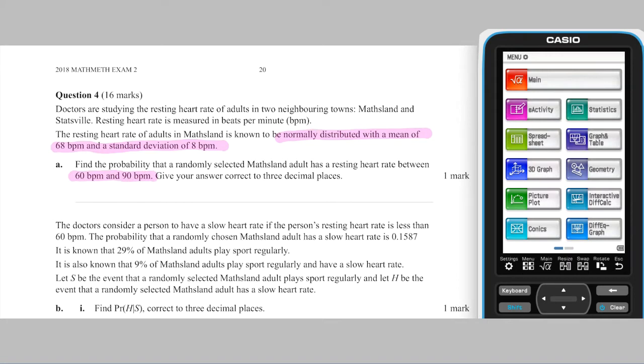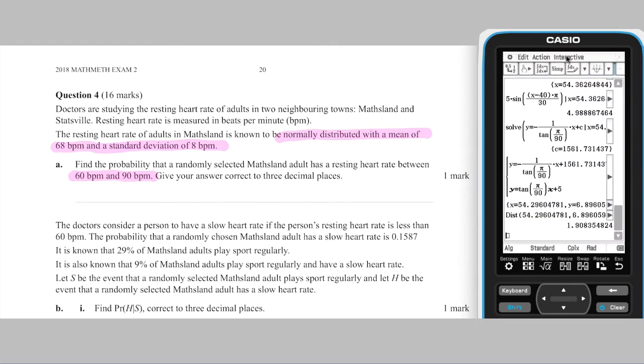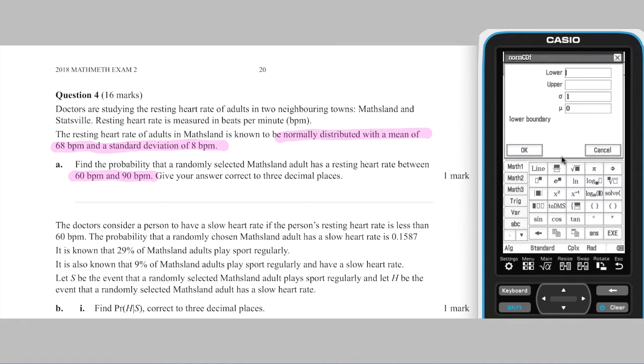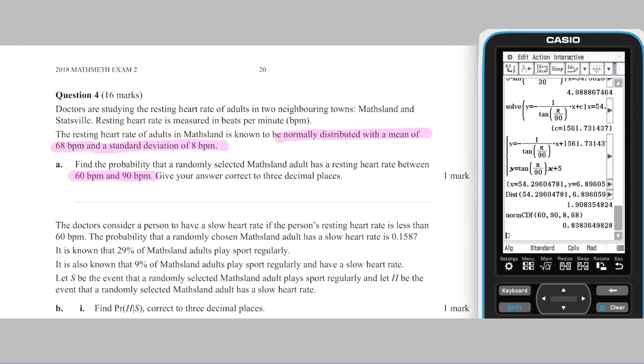This can be calculated using their normal distribution, returning a probability of 0.838.